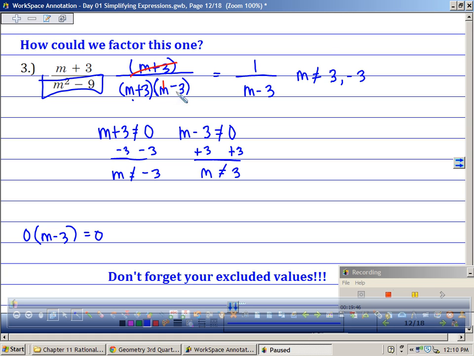Wouldn't that make this part 0? And that would make m plus 3 times 0. Doesn't that also equal 0? And we can't have 0 in the denominator. It means undefined. So that's what our excluded values are. When does it make the denominator 0? Because a denominator of 0 does not work because it makes it undefined. Okay?